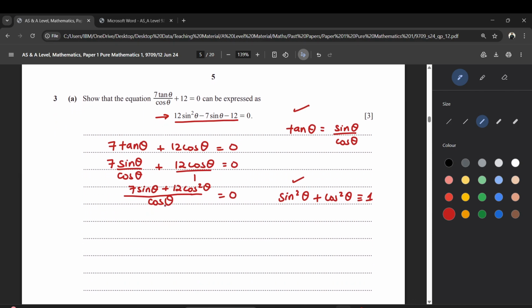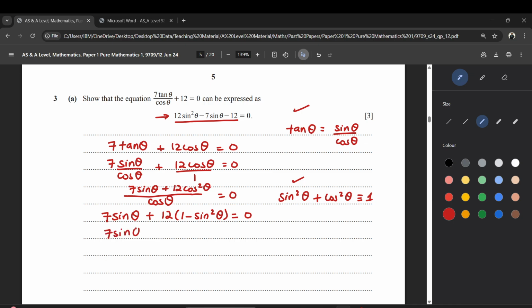Make sure that you mention this in your working. Now I can multiply cos theta to the other side first of all, and at the same time, instead of cos squared theta I can write, because if I make cos squared theta the subject, sine squared theta goes to the other side, so this becomes 1 minus sine squared theta equals 0.